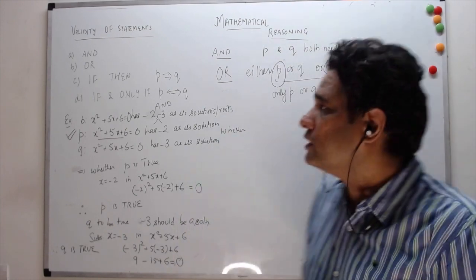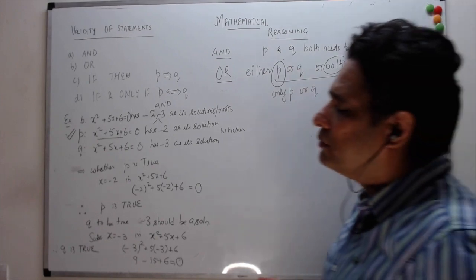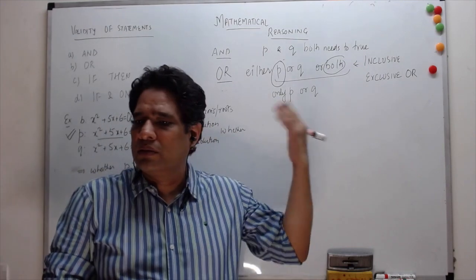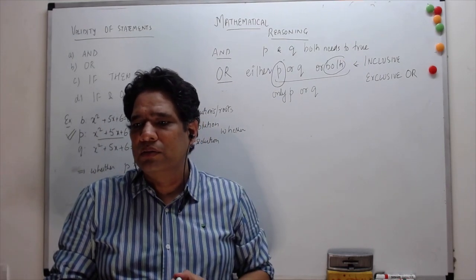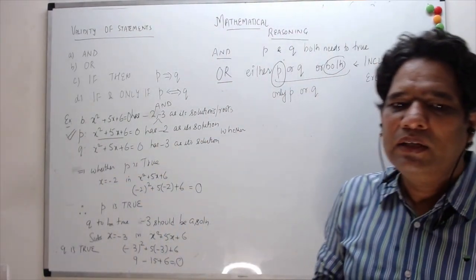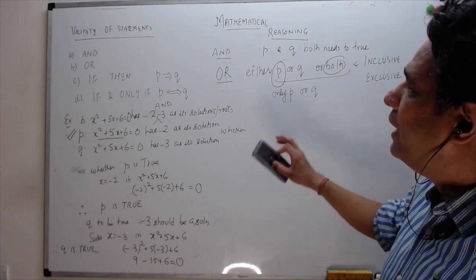That's an exclusive OR. Inclusive could be, they say pick anything out of this or both. Maybe it's kind of like a buffet, they're serving everything, so you can pick whatever. So that's about an OR.